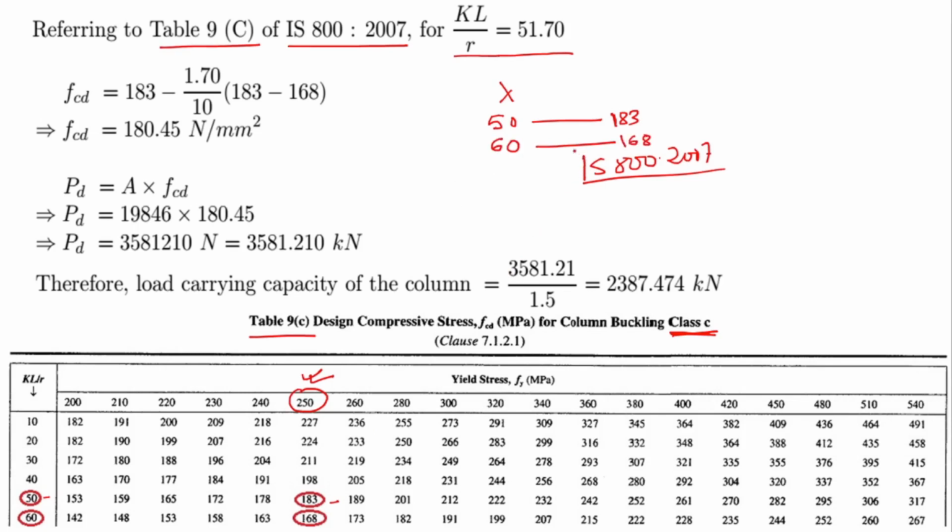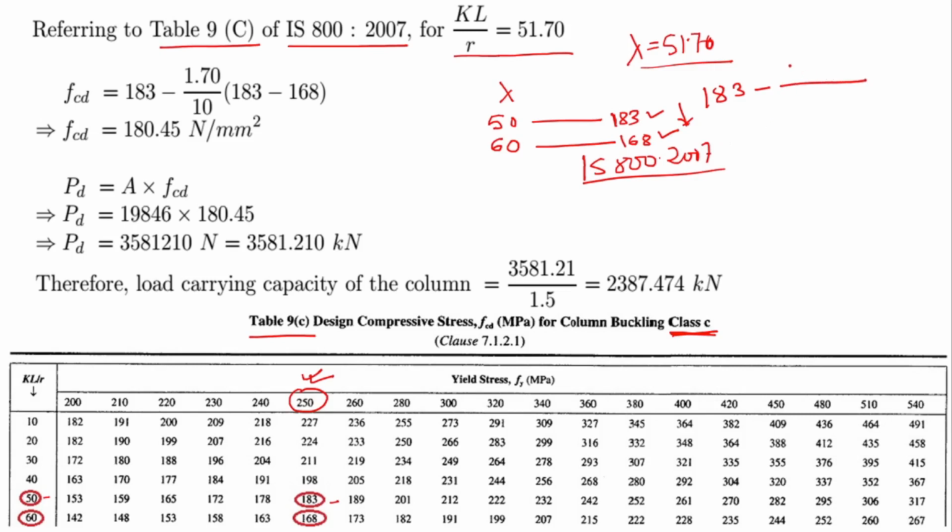In our case the slenderness ratio is 51.7. That is why we have interpolated the values in between 183 and 168. For 50 it is 183, and gradually it is decreasing when we are moving from top to bottom.